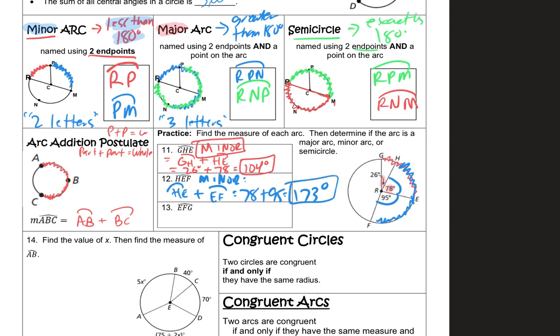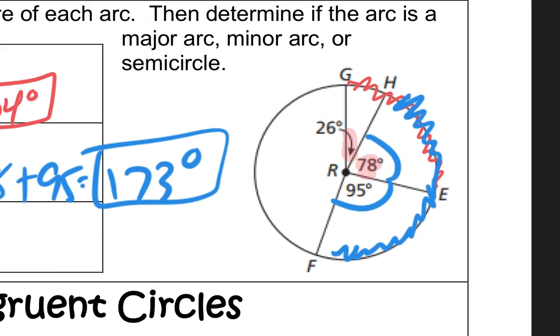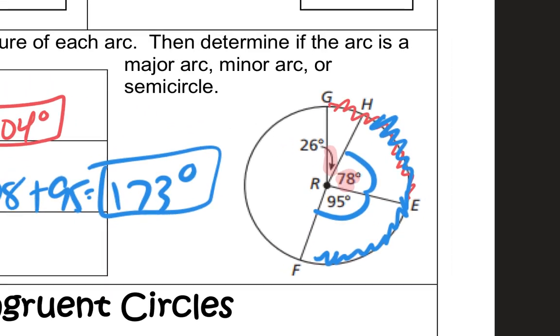So now let's look at this last one. EFG. E, F, and G. Well, what do we know about that? Let's trace that out and use a different color on that one. So EFG, EF all the way over to G. What do we know about that?